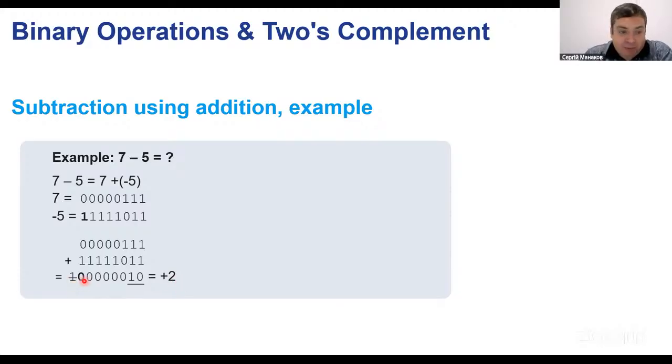And this is the sign bit. Now it's 0 because it's a positive number. And if we should receive a negative result, this sign bit will be 1. And that means that our result would be in 2's complement form.